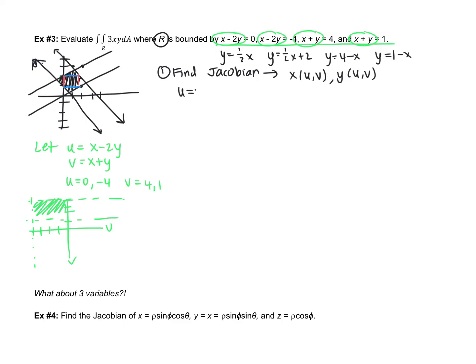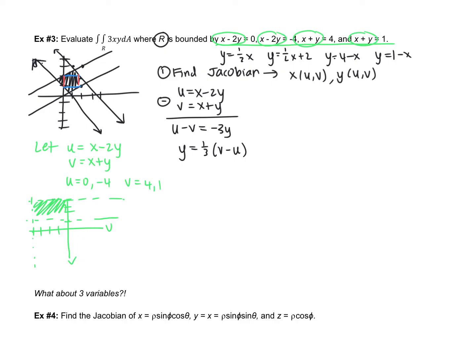Currently, we have u is equal to x subtract 2y, and v is equal to x add y. Okay, so now I'm going to have to solve for either x or y. If I choose to subtract here, that will get rid of my x's. So I get u subtract v is equal to negative 3y. So y then is 1/3 (v subtract u).